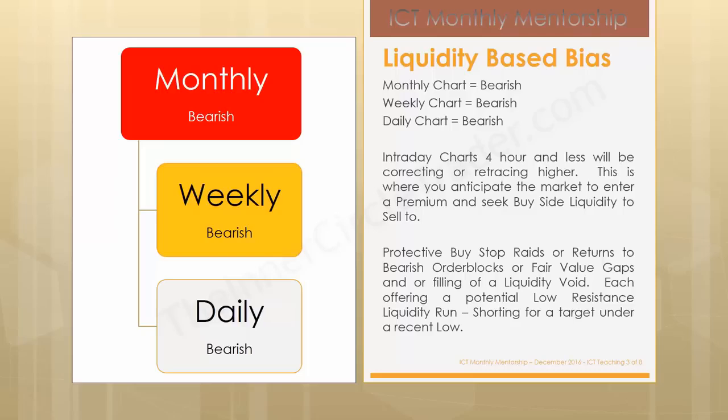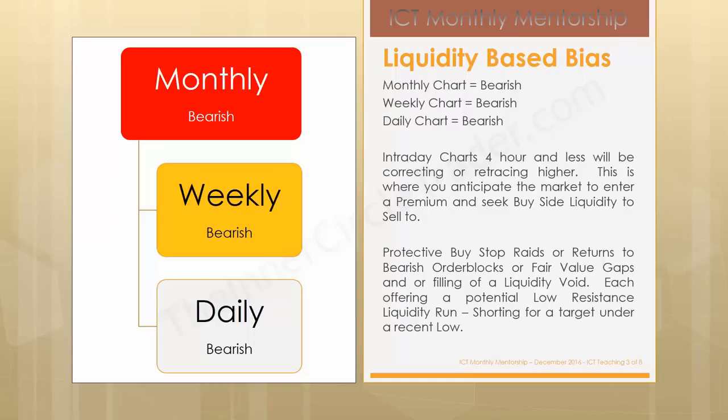Primarily, you're going to be trading in the direction of the monthly chart because that's where the large funds and institutional order flow begin. And then it moves down into the weekly chart. Then it moves down into the daily chart. The daily chart is the most dynamic of these three time frames, and you'll see a lot more trades that actually counter long-term higher time frame institutional order flow.